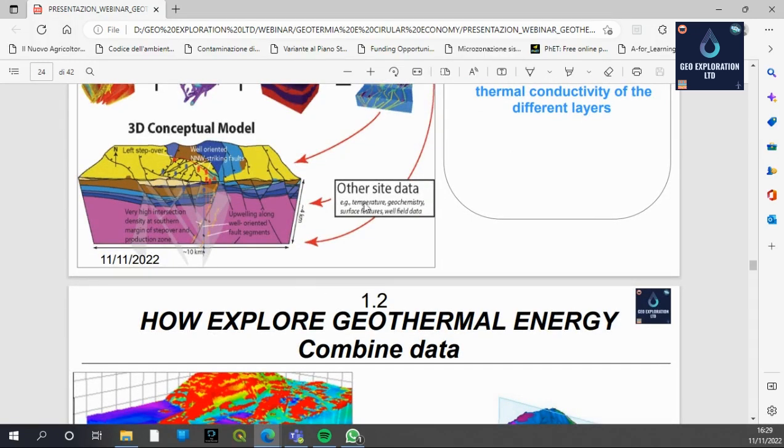We can also add geochemistry if the exploration is focused, for example, on finding other resources like lithium. So we analyze, for example, the fumes of sulfurous rock and the presence of sulfur. This can allow us to find elements to explore for lithium.